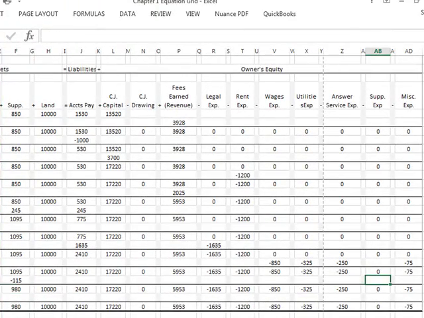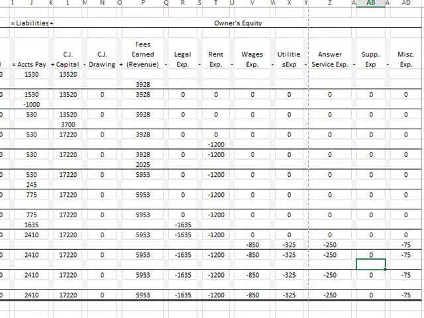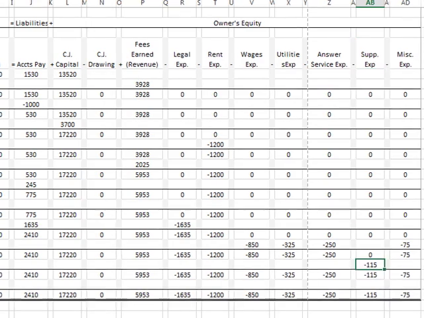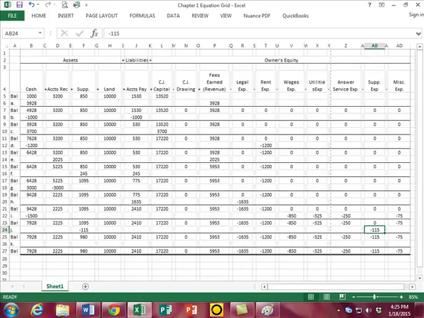And then we're going to take that $115 and apply it to the supplies expense account. So we reduced the supplies account by $115 and we put $115 in supplies expense because that is what we used.